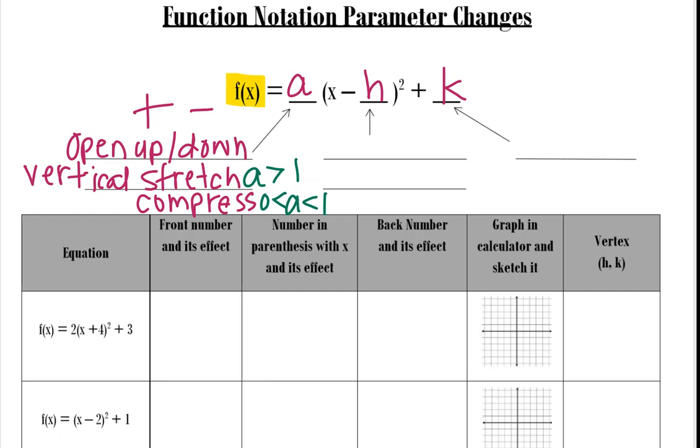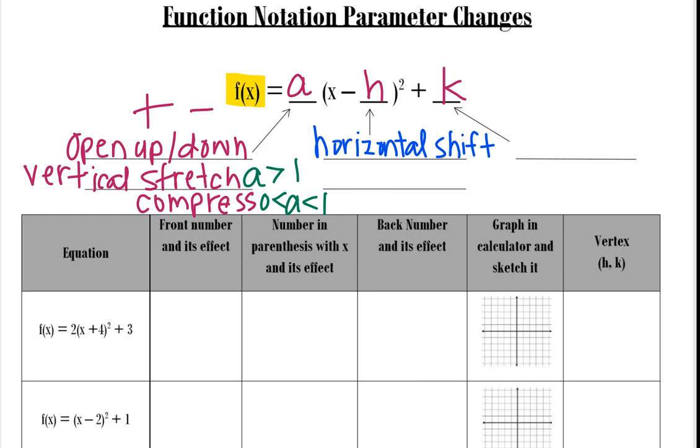The next part of this equation is the h value. The h value tells me if it's going to have a horizontal shift. And so horizontal is just like the x-axis. That kind of helps you because the x is inside the parentheses with h.